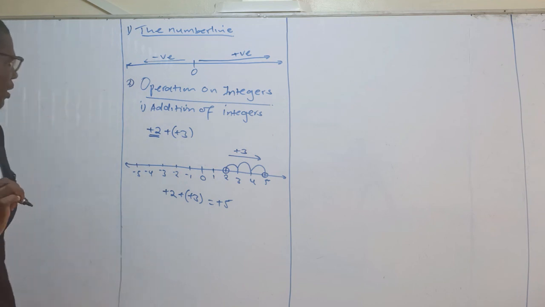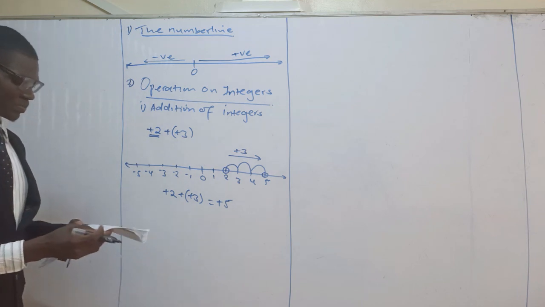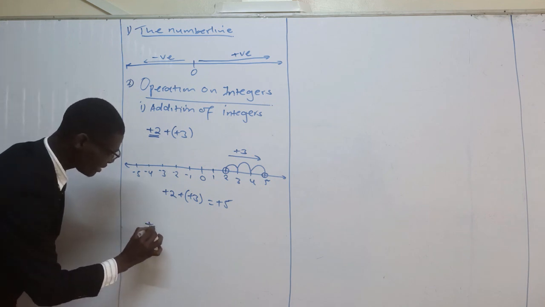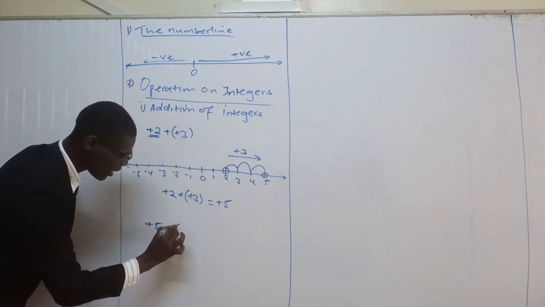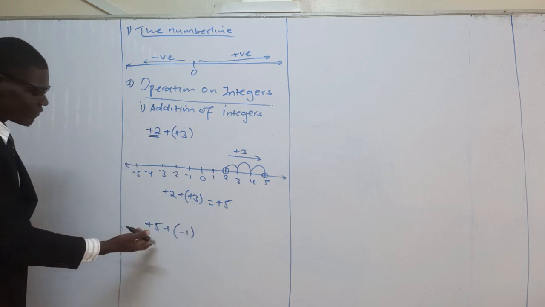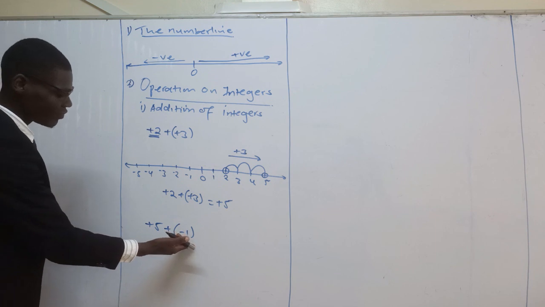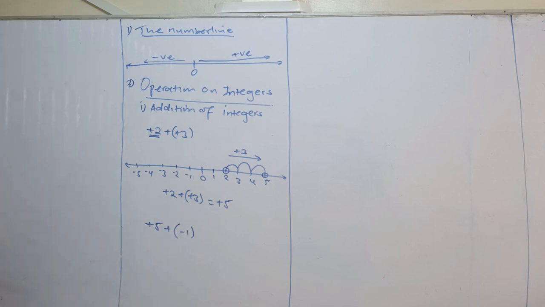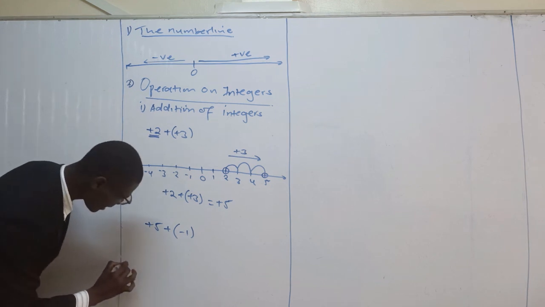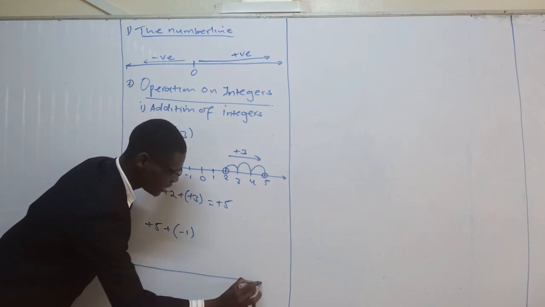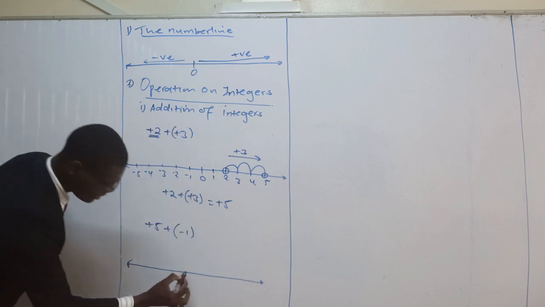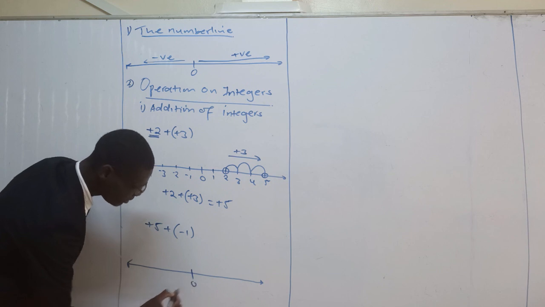Another example, we can have a positive 5 added to a negative 1. As we did up there, I draw my number line here, with 0 as my reference number.